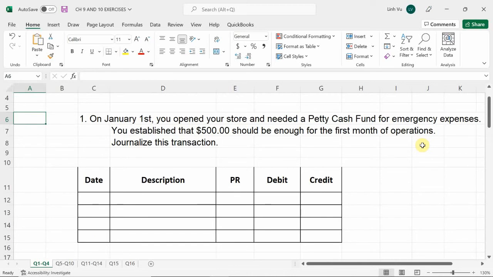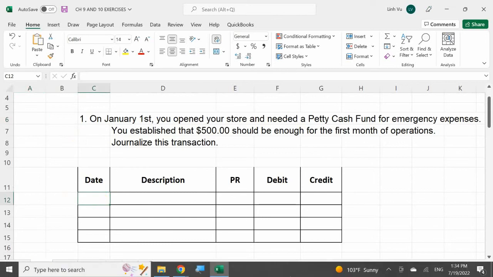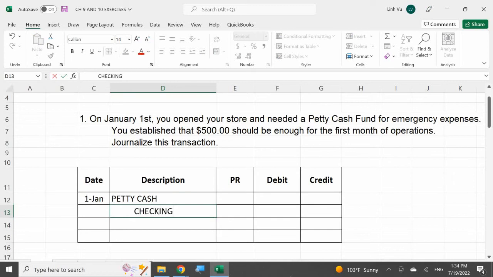How would I journalize that I'm establishing a petty cash? You debit petty cash 500, credit checking 500, and put in your notes that you're establishing a petty cash for 500. Good, right? Because we're creating a petty cash fund.